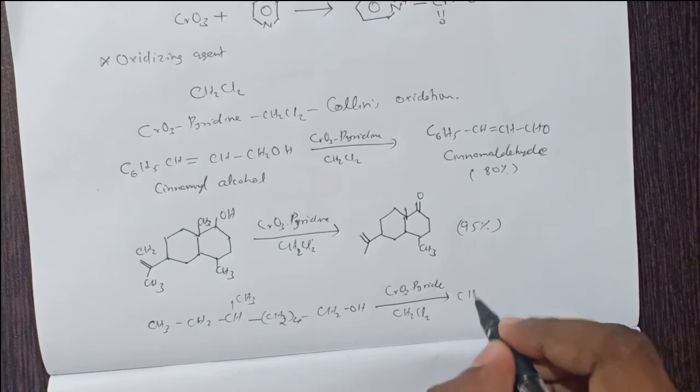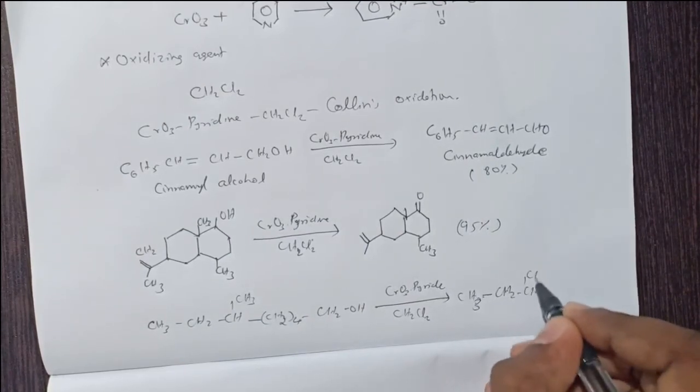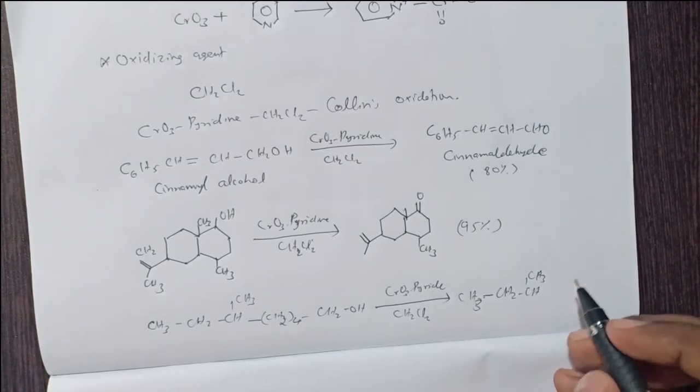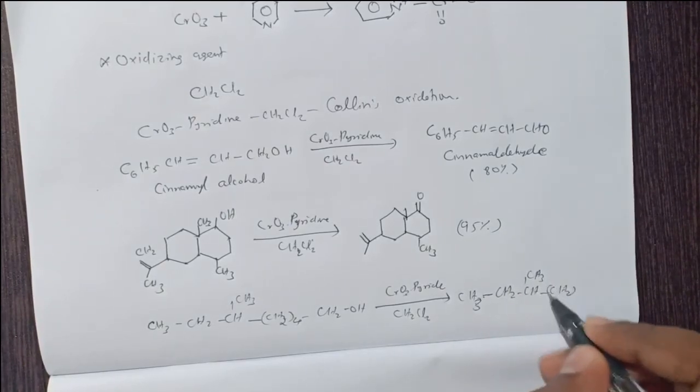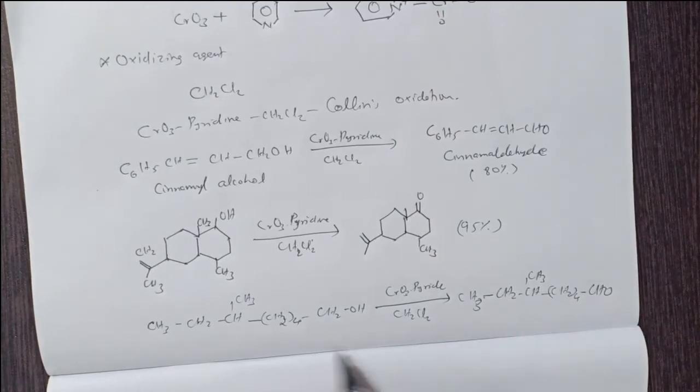The product is CH3, CH2, CH3, then CH2 4 times, CHO. That is, here the alcoholic group converts to the aldehydic group. This is known as Collins oxidation.